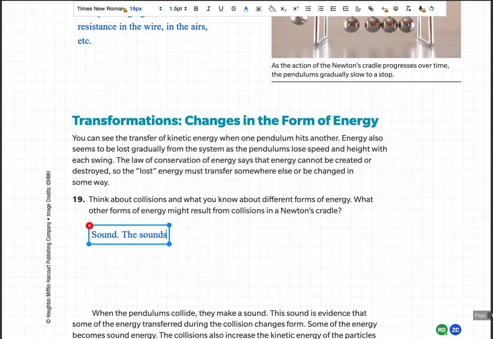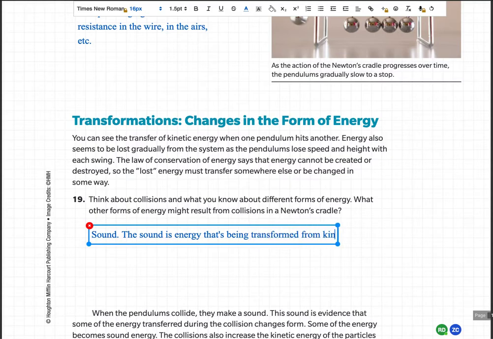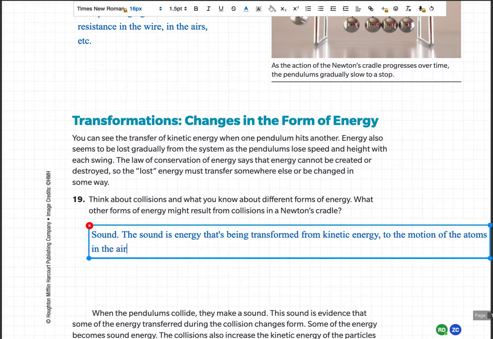So the sound is energy that's being transformed from kinetic energy to the motion of the atoms in the air.